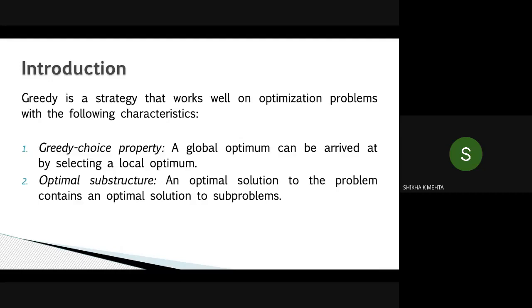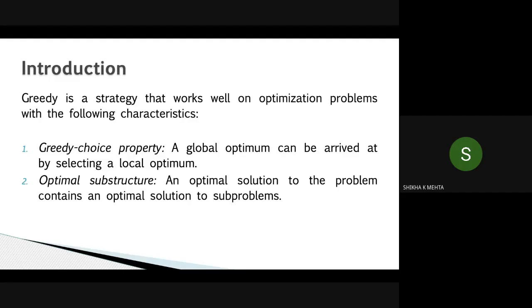As I told you, greedy algorithms are used for solving optimization problems. Using the greedy choice property, we try to achieve the global optimal solution by selecting local optimal solutions. That means in order to solve a complex, bigger problem, we first focus on the smaller subproblems, and then we combine their solutions to get the final solution.